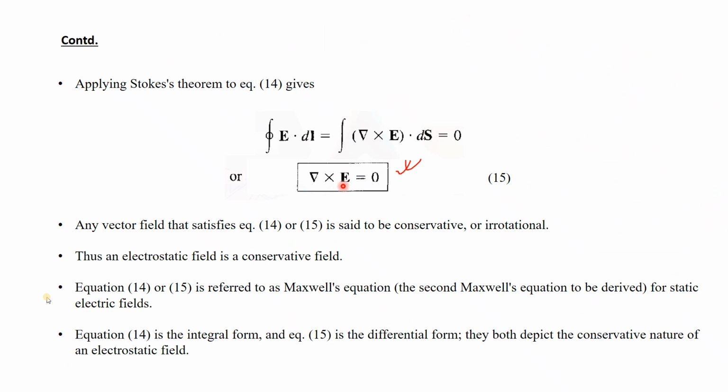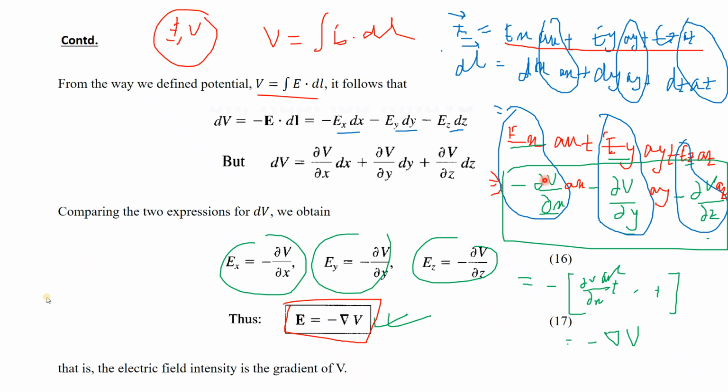If a vector's curl is 0, that means the vector is made up of the gradient of a scalar. If you remember in divergence and curl, the figures we have seen that are irrotational, a curl-zero vector means it is made up of a gradient of a scalar. That is why it must be a gradient of a scalar.